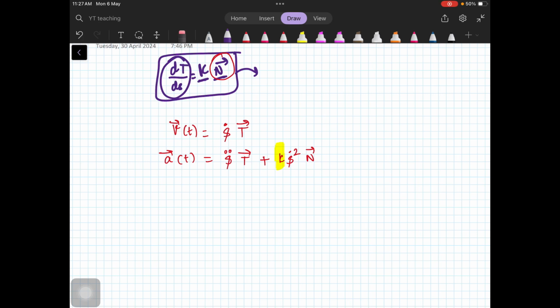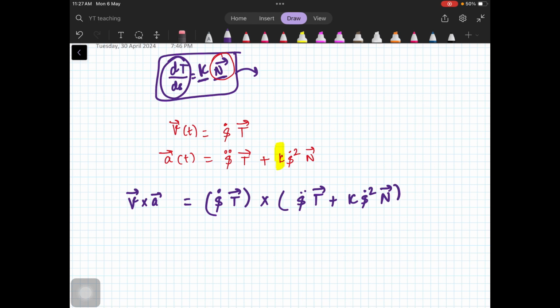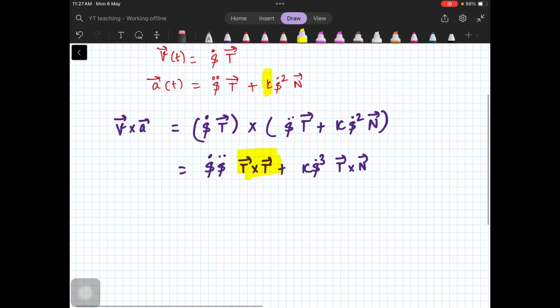So what I'll do here is V cross A. I'll take the cross product of these two vectors. That would be s dot T vector cross s double dot T vector plus kappa s dot square N vector. If you do the cross product here, you'll get s dot s double dot T cross T plus kappa s dot cube T cross N. Now if I ask you what is T cross T, can you tell me?